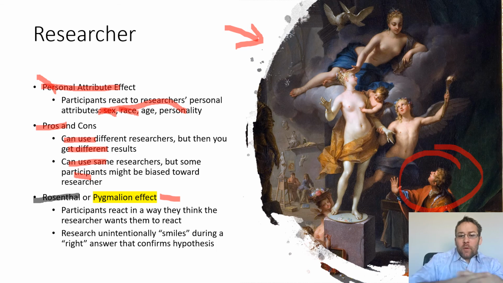So the Pygmalion effect is that participants react in a way that they think the researchers want them to react. So you have to be careful of this. If a researcher unintentionally smiles during a quote unquote right answer that confirms the hypothesis, the participant might continue to go down the road of giving those types of answers.